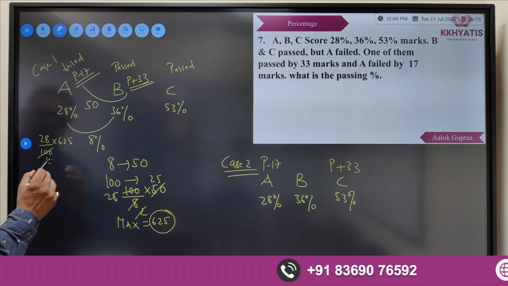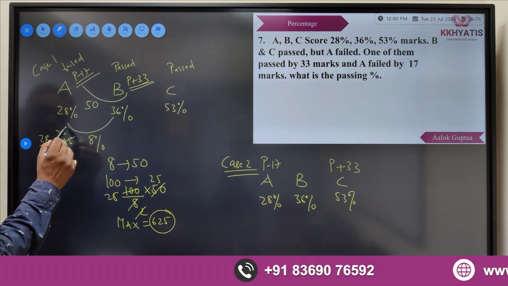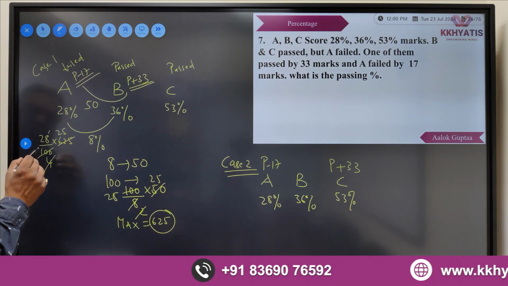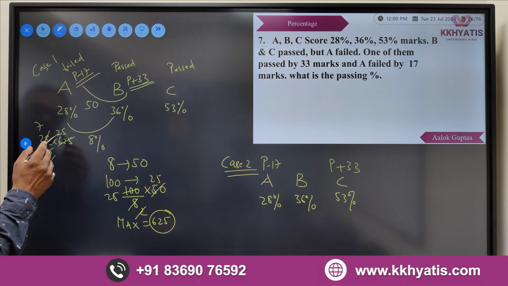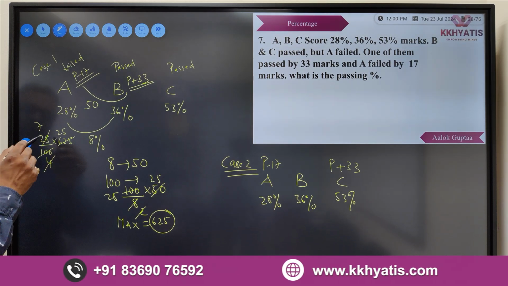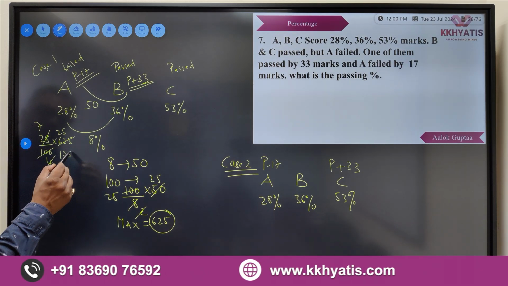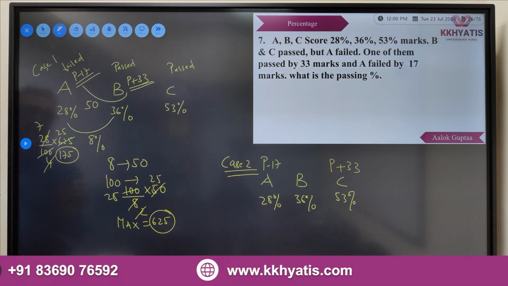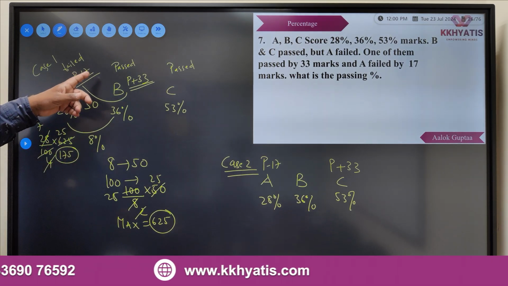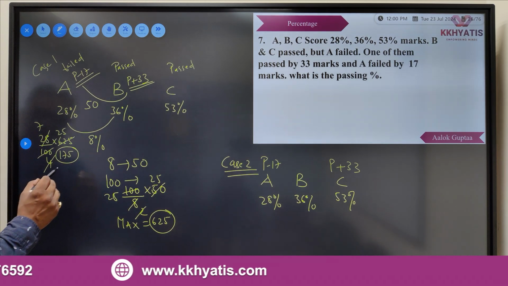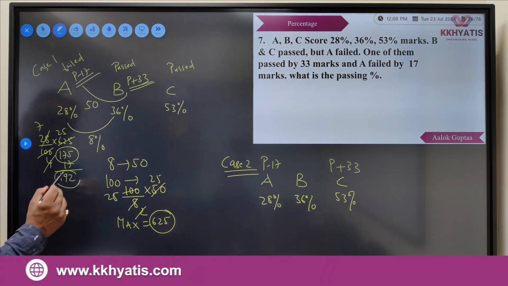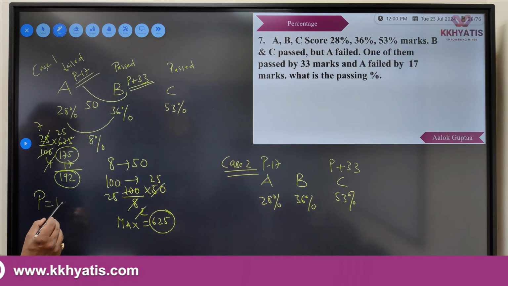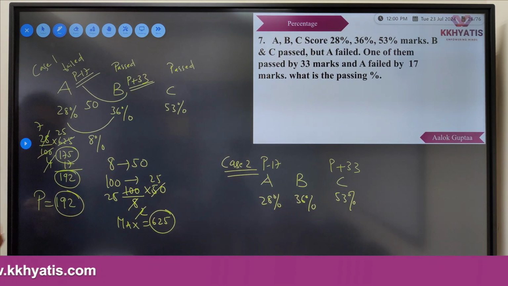So this will be 25 4s are 100, 25 7s are 175. So he got 175 marks and failed by 17 marks, which means the passing marks would have been 175 plus 17, that is 192. So in this scenario, I got my passing marks as 192.